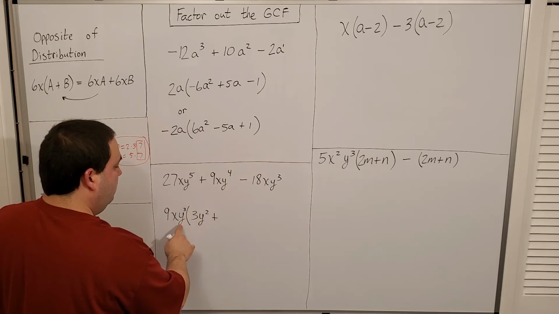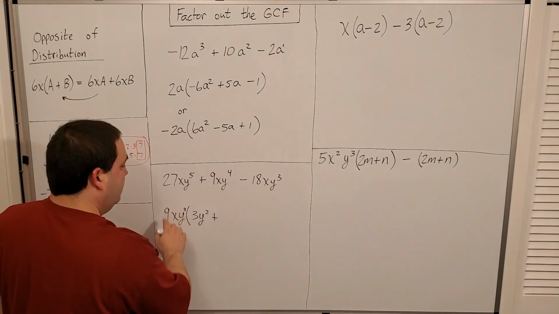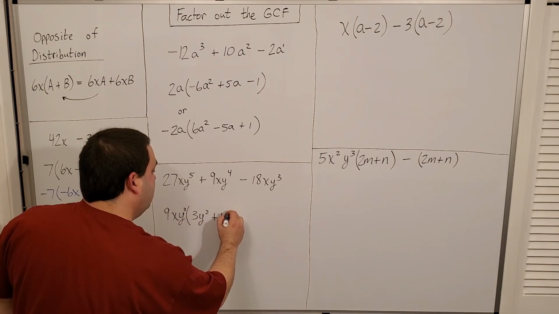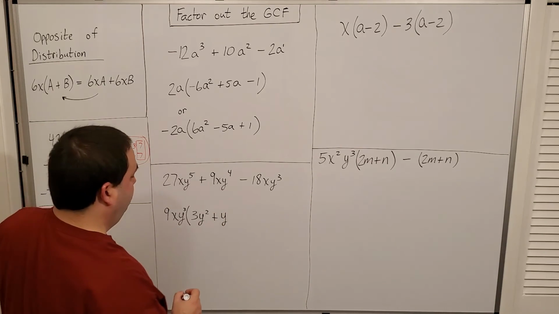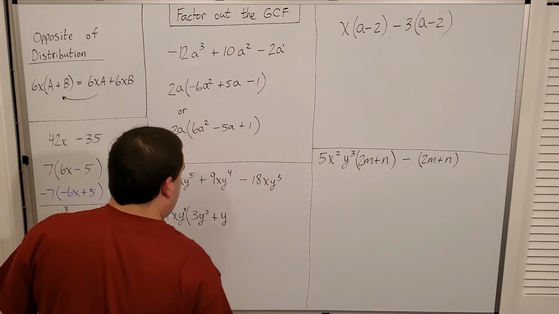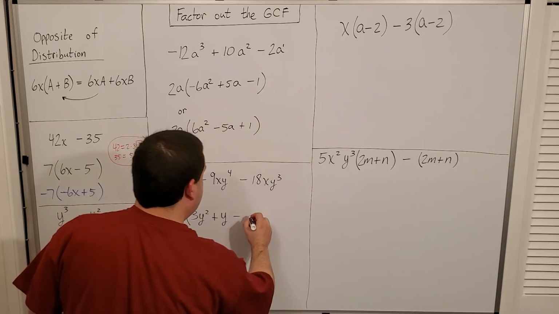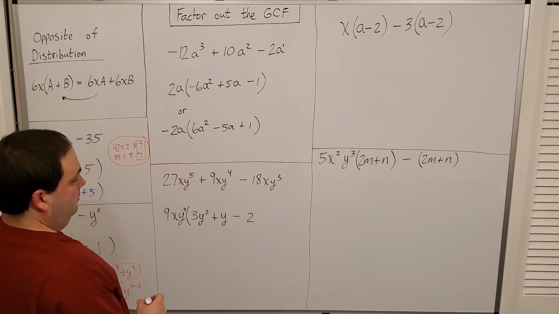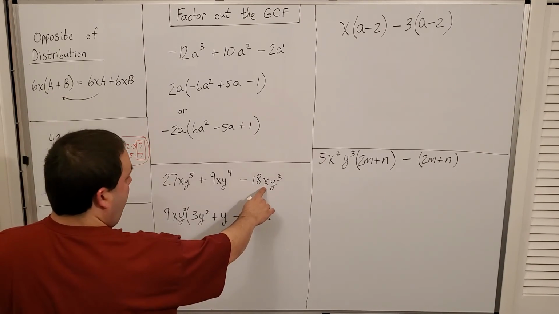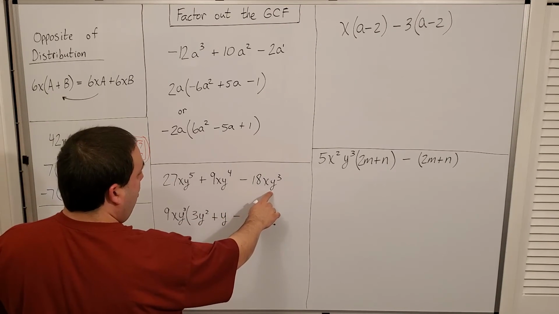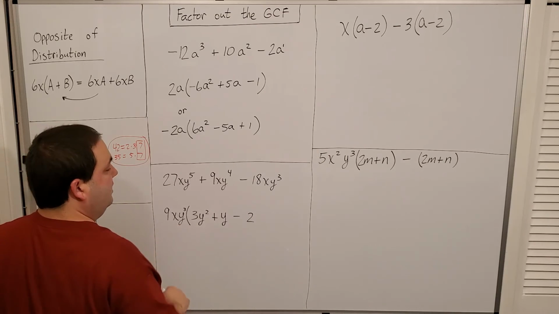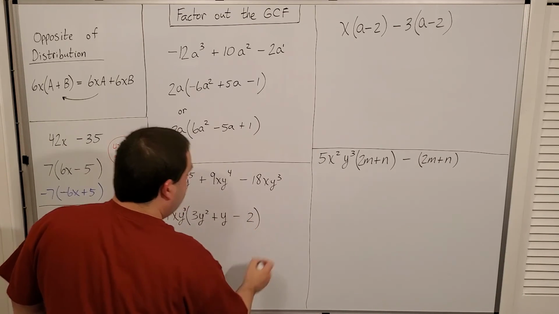Y to the 4 divided by y to the 3, 4 minus 3, I have a y to the 1 power left. Minus 18 divided by 9 is 2. Right? X divided by x is 1. Y to the 3 divided by y to the 3 is also 1. So I'm done there.